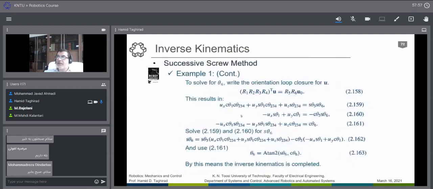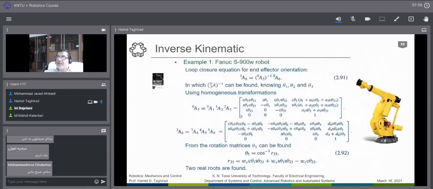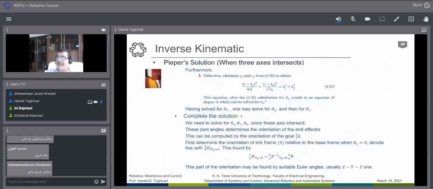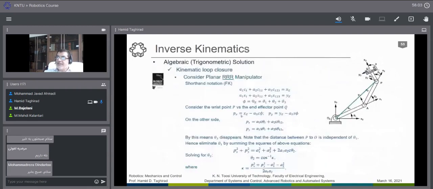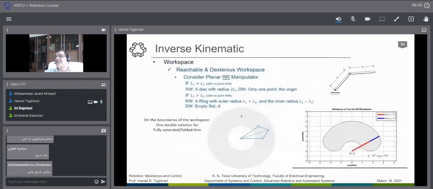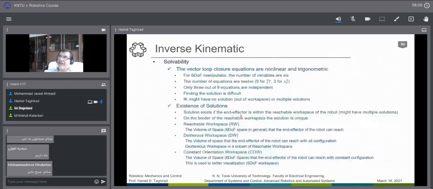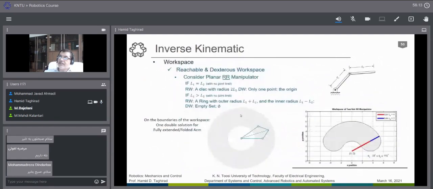The interesting point I would like to mention goes back to the first slides that we have in here. This was the first slide, existence of the solution, and this elbow up and elbow down. Now you can understand me.